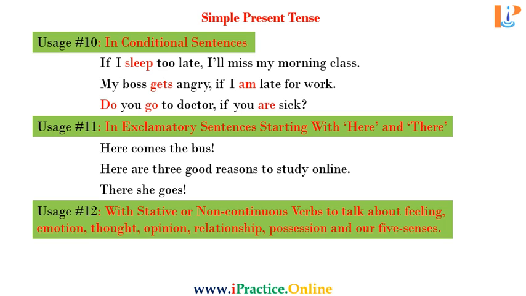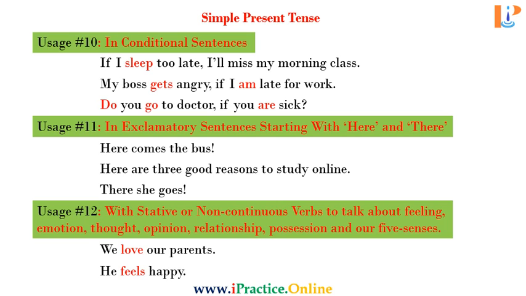So let's look at the examples for better understanding. We love our parents. Yes, the word love is a verb. It is a stative verb. You cannot see the action, how love is happening. But yes, we can feel it. It has emotion. Next example, he feels happy.